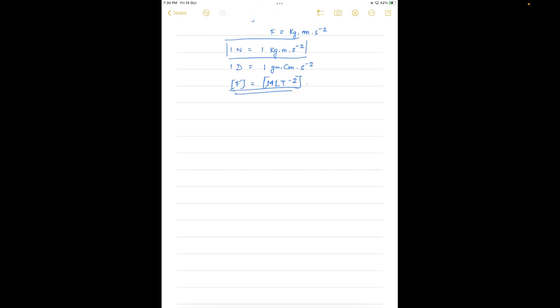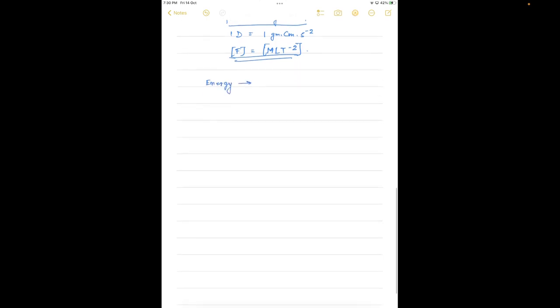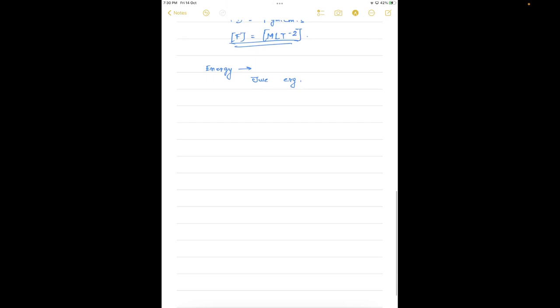And now the unit of energy and the unit of work have the same unit or same dimension. So the SI unit of energy, we know, is the joule, and the CGS unit of energy is the erg.